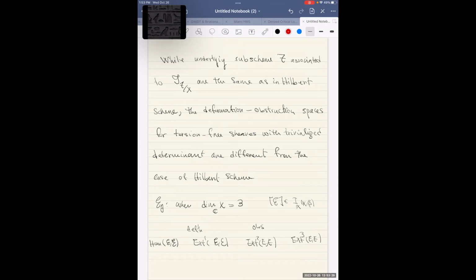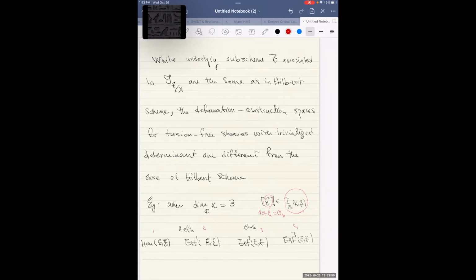The moduli space parameterizes sheaves whose determinant is O. There is a choice of trivialization. There is in fact a map. I'm going to come back to this 4 term complex, but first I'm going to show you what this moduli space is.